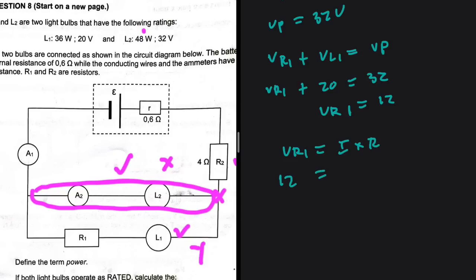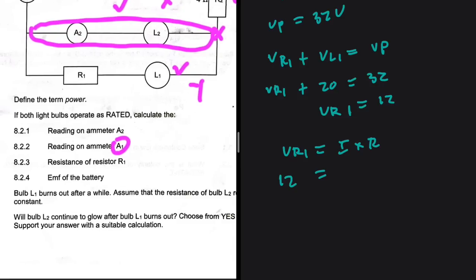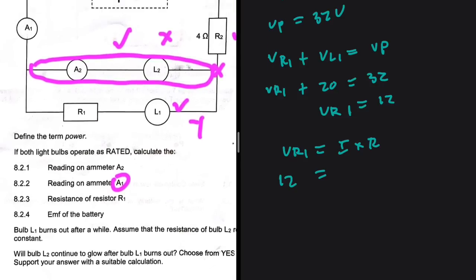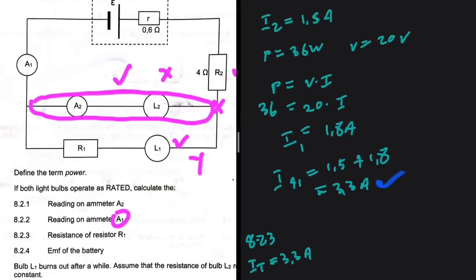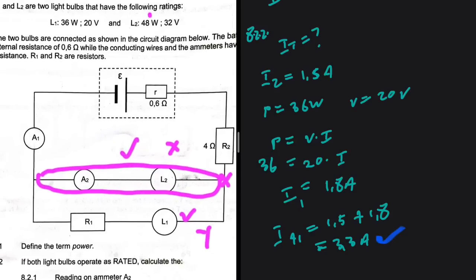We know the current that passes through R1. We calculated it in 8.2.2. It is, so let me check, 36, that is for R1, for L1, and then 20 volts.